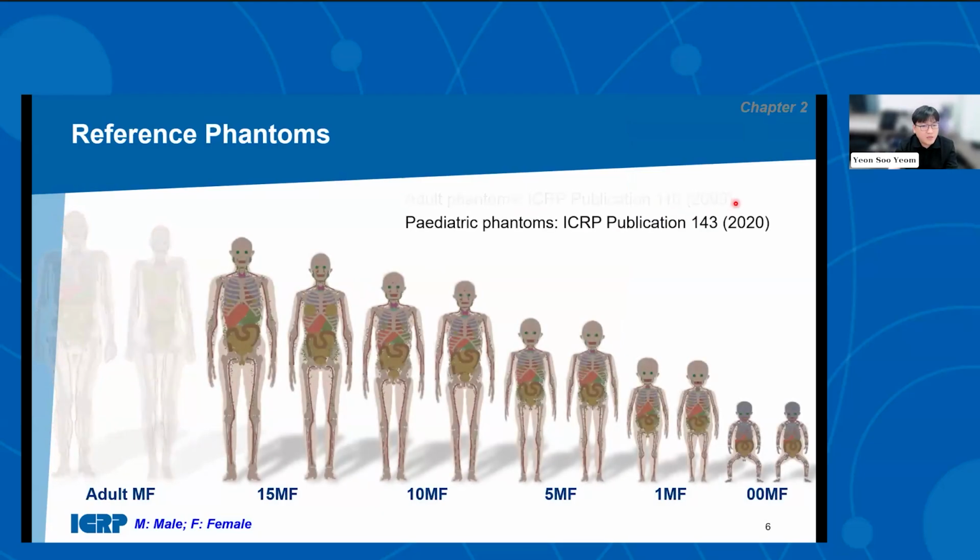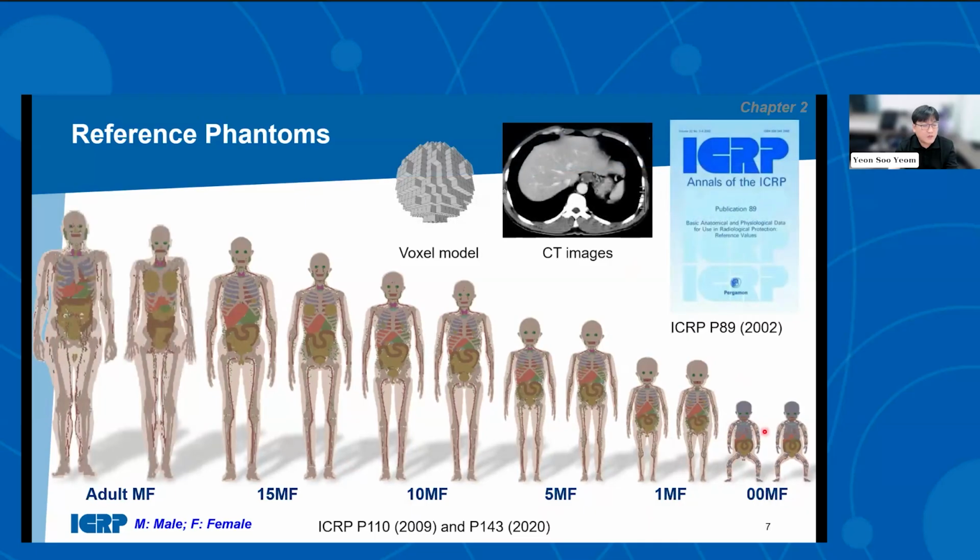Then about 10 years later, in 2020, the pediatric male and female phantoms were released in ICRP Publication 143. These pediatric phantoms cover 5 different ages: 15, 10, 5, 1, and newborn, 0 years old. So this is 10 sets of the phantoms.